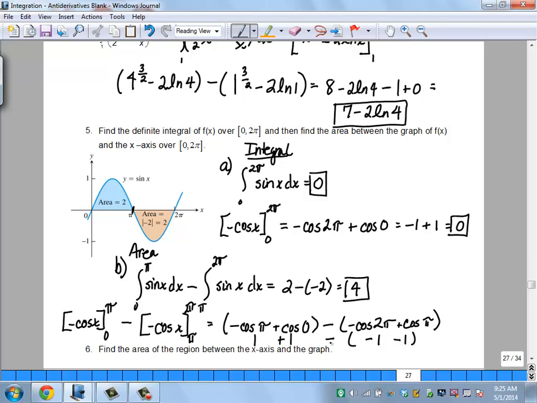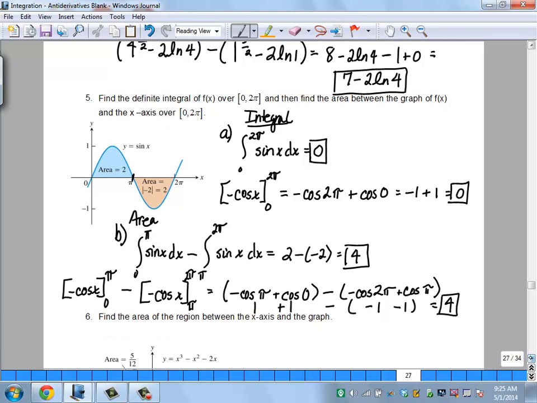So I have a 2 minus a negative 2, so the whole thing does come out to be 4. Okay?